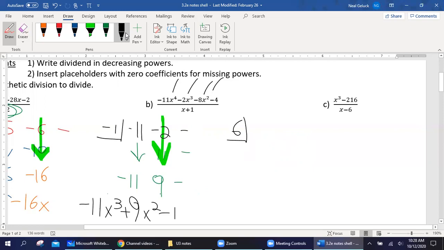So by switching the sign at the beginning, I'm covering that. Now this one, be careful, remember placeholders. I've got x cubed, but I don't have x squared or x to the first on this one. So the first one has a coefficient of 1, but then there is no x squared, so 0. There is no x to the first, 0. Then negative 216.